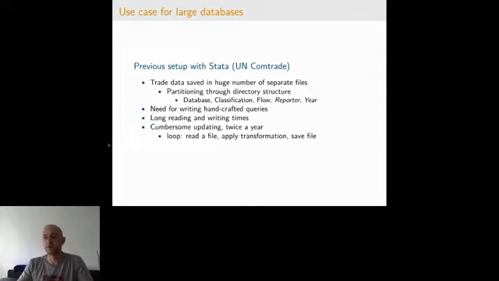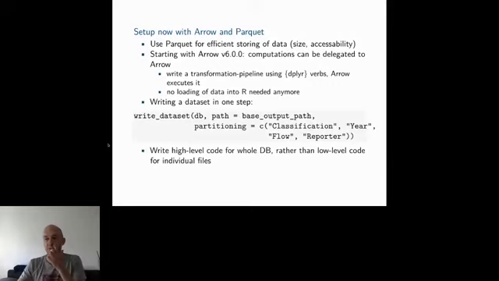And as you can imagine, this was a very long-running process. So right now, we're moving to Arrow and Parquet, using Parquet for example for storing the data on disk, which is efficient in two terms, in terms of size and also in terms of accessibility, which you'll see later on.